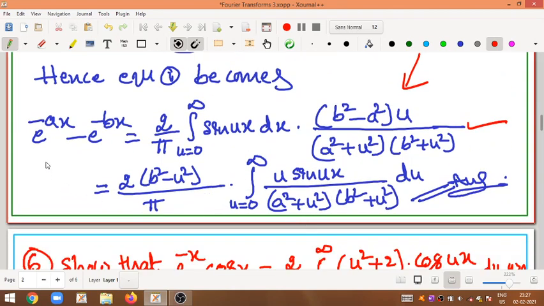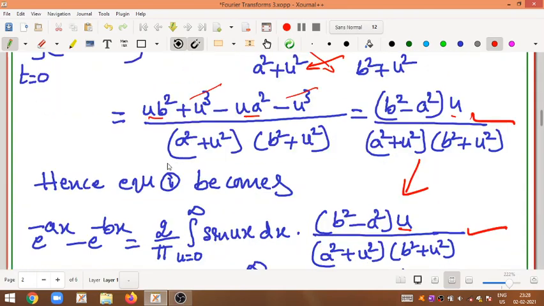Again, this 2 into this one, I am writing 1 plus 2 into b square minus a square by pi into integral u equal to 0 to infinity of u into sine ux by a square plus u square into b square plus u square into du, which is the final answer of this problem.